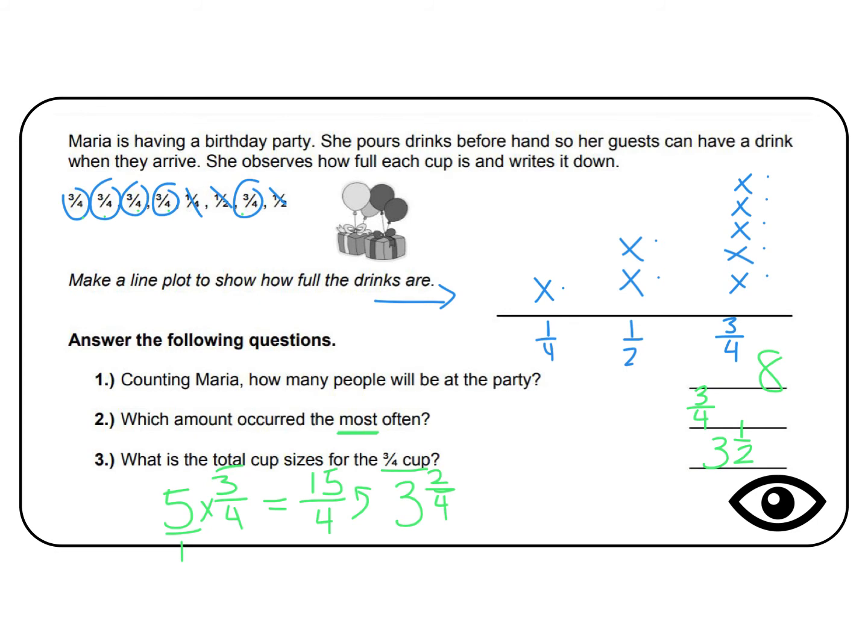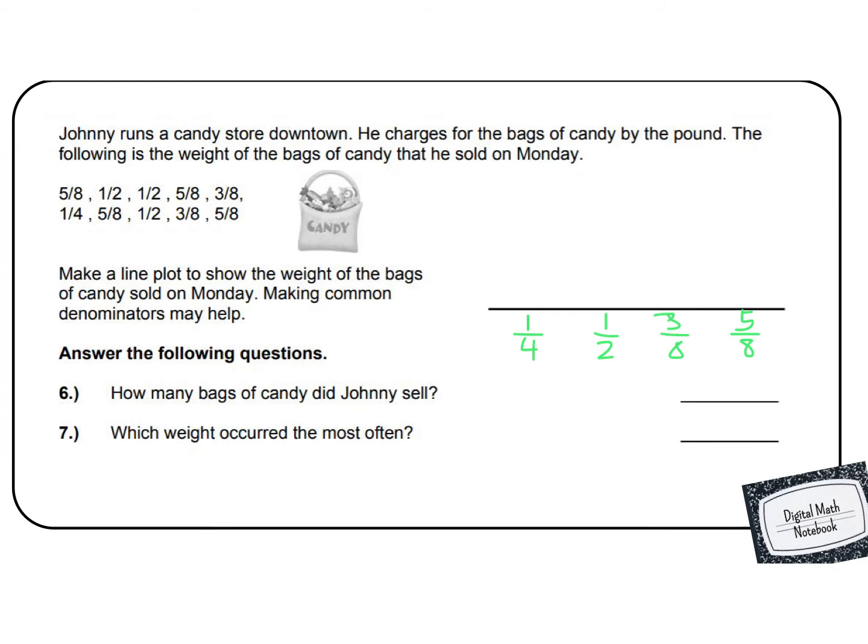Let's try a problem together. All right, guys, you have a copy of this in your digital math notebook. We need to make our graph first. Let's start by grouping the like fractions together. So it looks like I have 1 1/4, so I'm going to put 1 X there. I have 1, 2, 3 1/2.